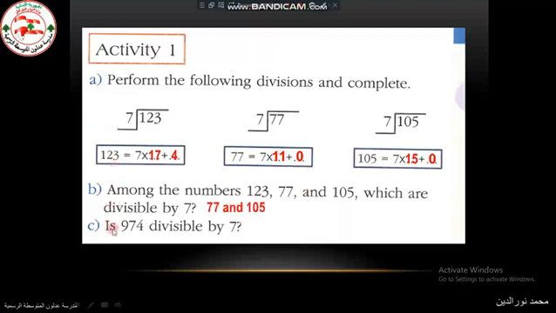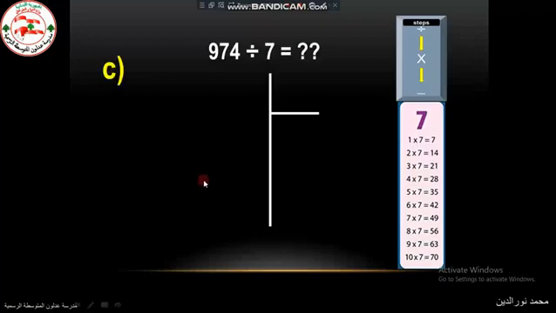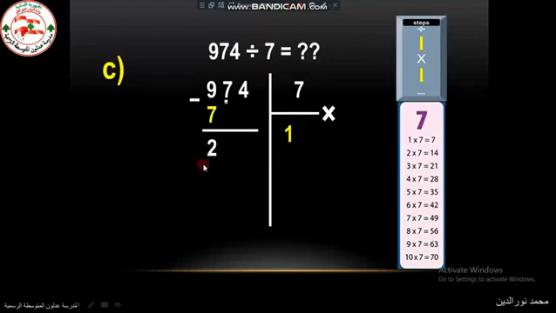It is asking, is 974 divisible by 7? So we have to do the division operation. 974 divided by 7. We start from the left. 9 minus 7 is 2. Drop this 7. 27.